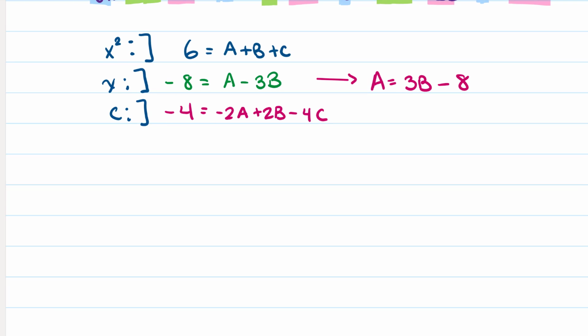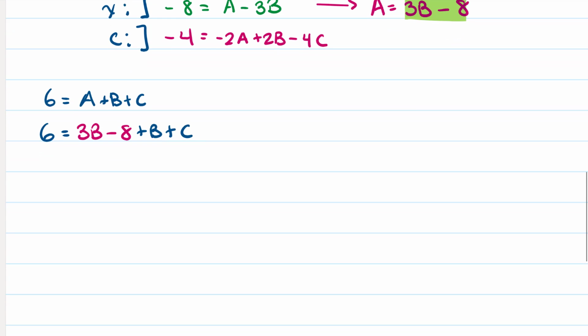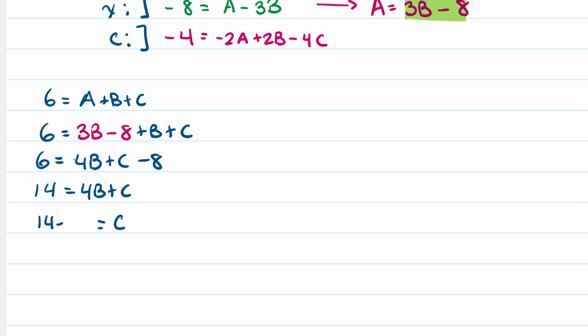I'm going to take this equation and plug it into this A. I get 6 is equal to 3B minus 8 plus B plus C. I combine like terms and I get 6 is equal to 4B plus C minus 8. Add the 8: 14 is equal to 4B plus C. And from this I can get the equation that C is equal to 14 minus 4B.